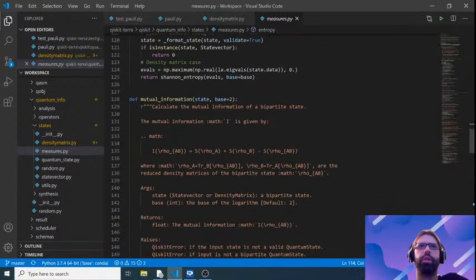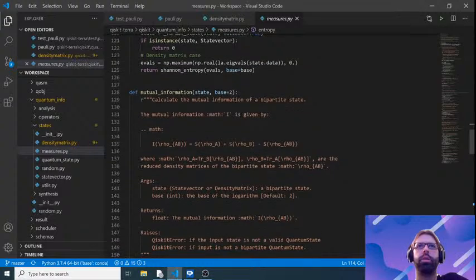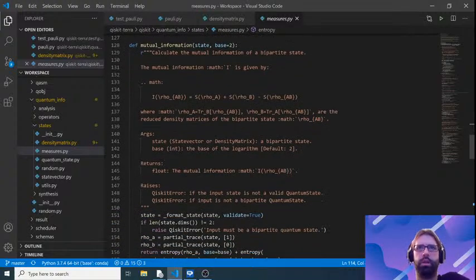Mutual information. Bipartite state. That is the mutual information between two systems.